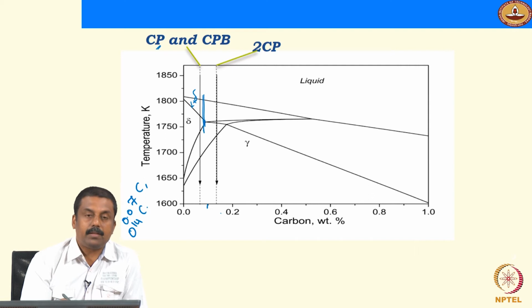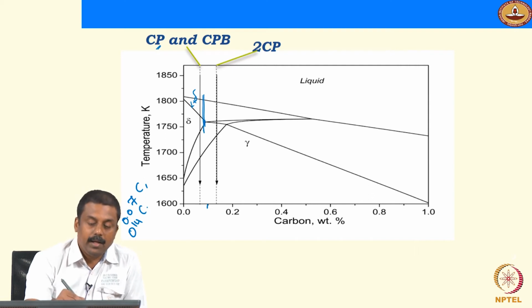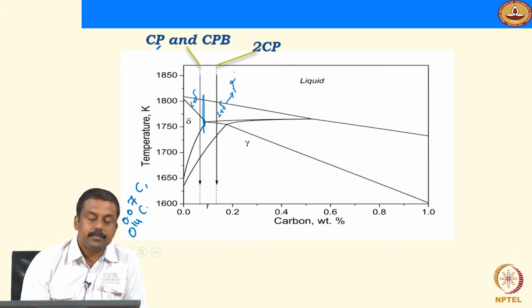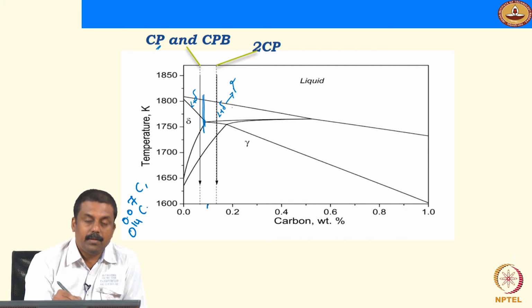Whereas if you increase the carbon concentration, the liquid will first solidify into delta ferrite, and subsequently the mixture of liquid and delta ferrite will transform into austenite by a peritectic reaction. So the solidification mode has a significant effect on the partitioning behavior of carbon.